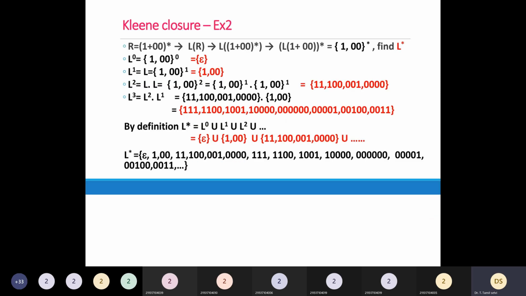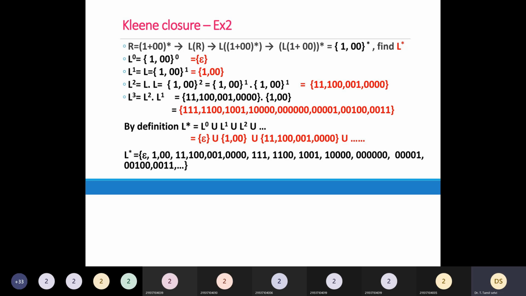And then this is the second example of our closure operator, that is R equal to 1 plus 0 whole star. So first you have to write the language for the given regular expression. So here capital L is used to represent the language. Within parentheses, you have to mention capital R. R is nothing but the regular expression.